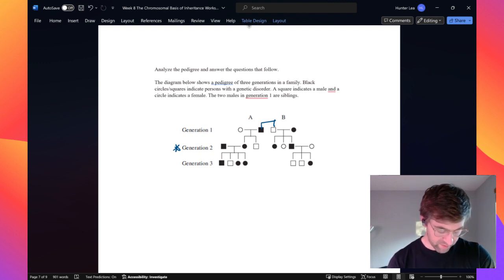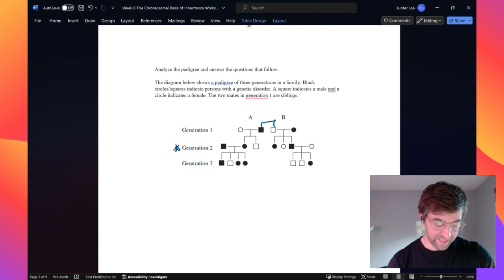So looking at this, if we look at side A, the left side of this pedigree, we have a father with this genetic disorder, and we have one daughter who also has this genetic disorder. Interesting.